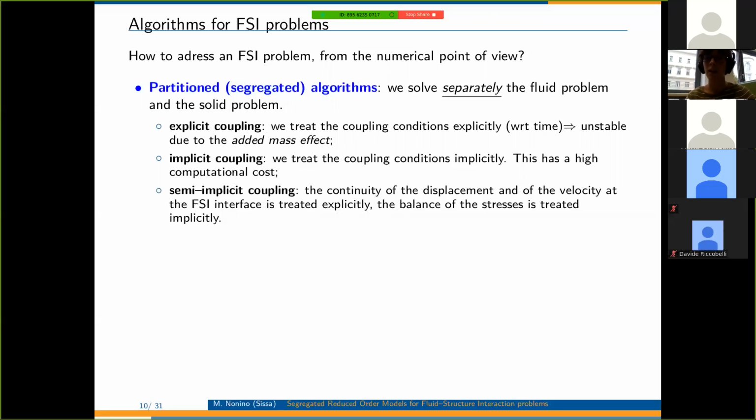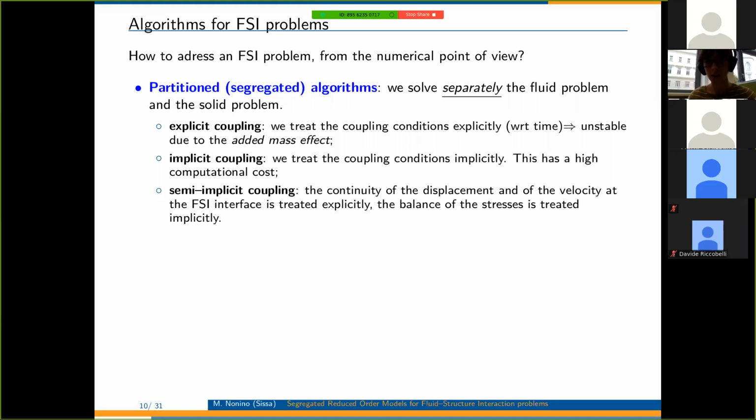Then we have implicit algorithms, where we treat implicitly with respect to time the coupling conditions, and this of course leads to a higher computational cost. Or we can use a semi-implicit coupling, where we treat some coupling conditions implicitly and some other explicitly.